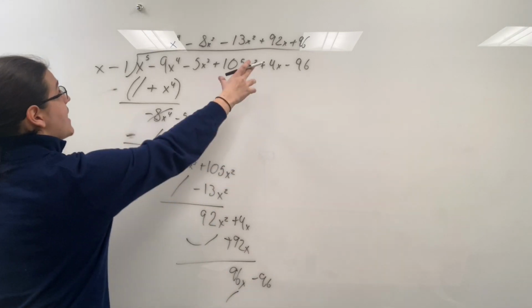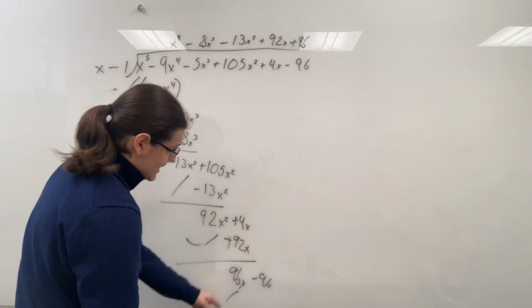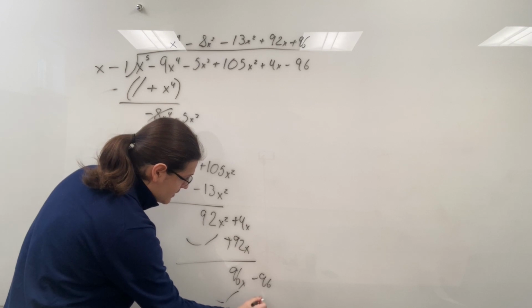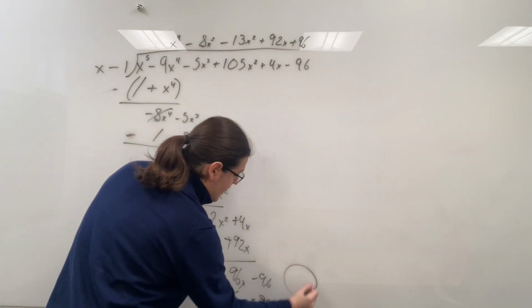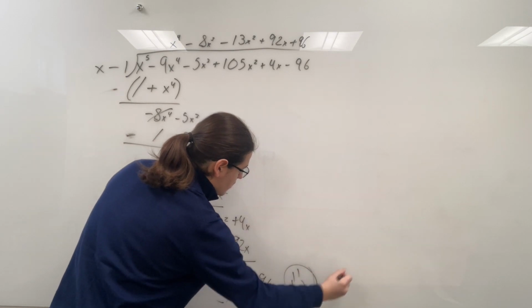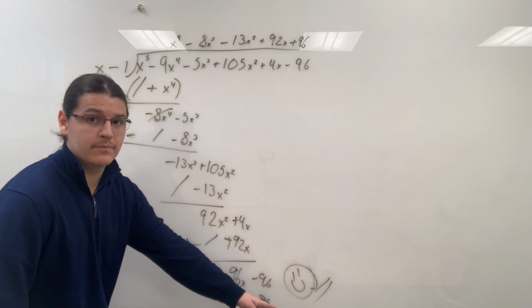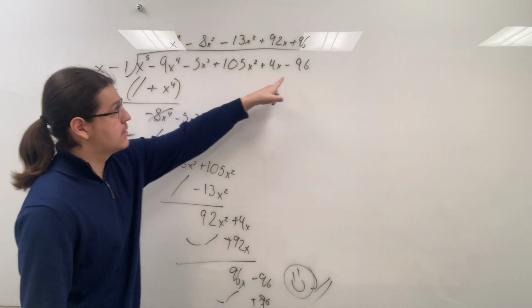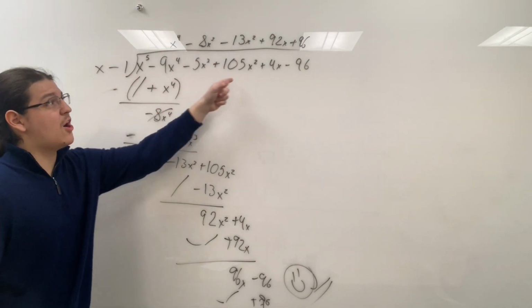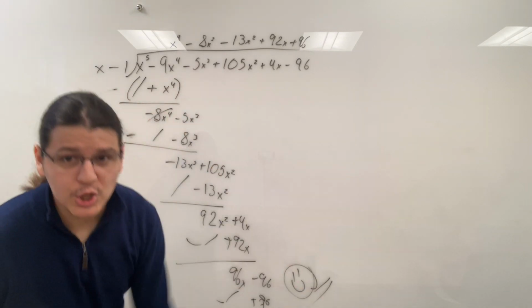This would cancel, and then we would get a negative 96, but then we would be subtracting it, so that will make it positive, giving us a remainder of 0. Meaning that x minus 1 is a factor of this very large quintic polynomial.